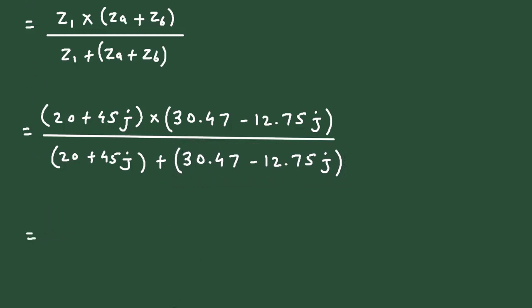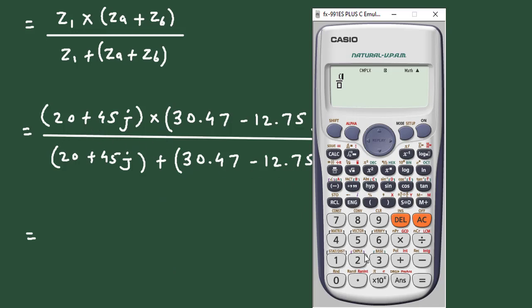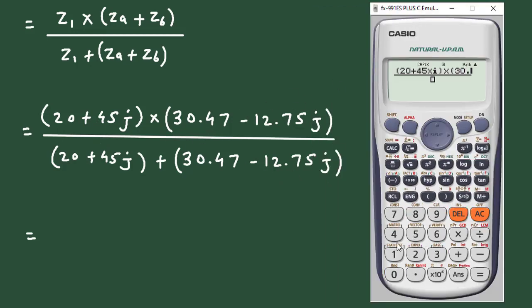Now let's solve this in calculator. So 20 plus 45 into j multiplied with 30.47 minus 12.75 into j divided by 20 plus 45j, then plus 30.47 minus 12.75 into j.